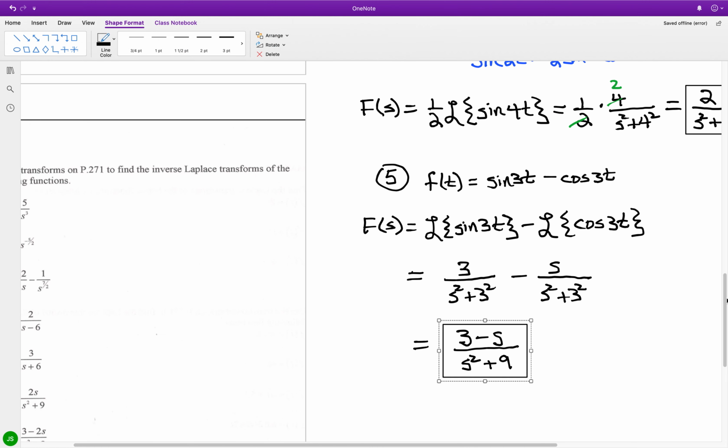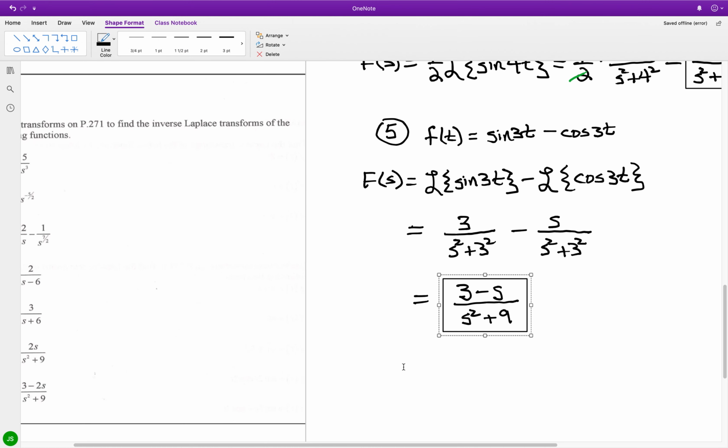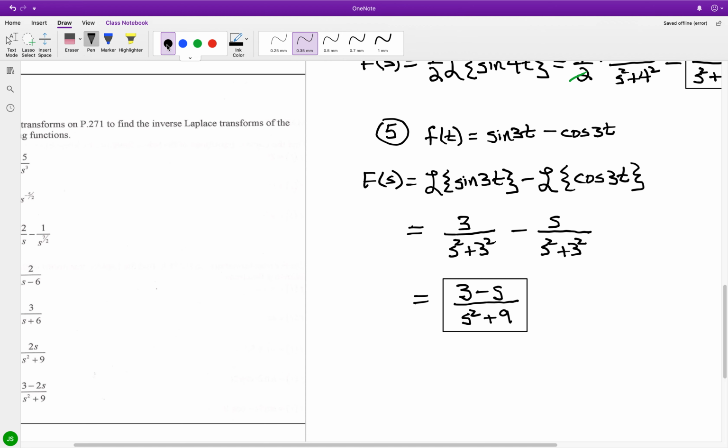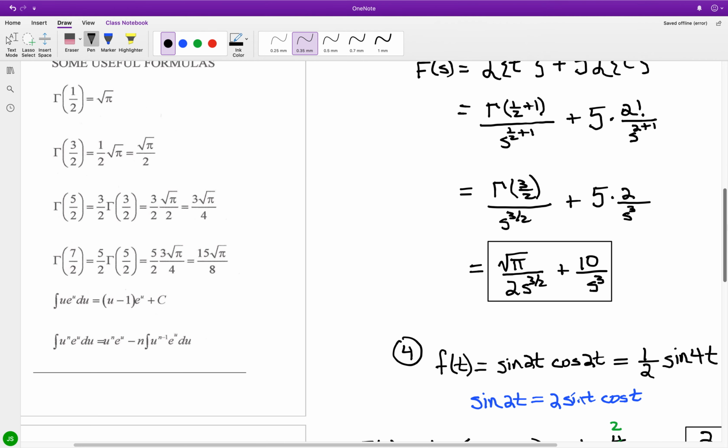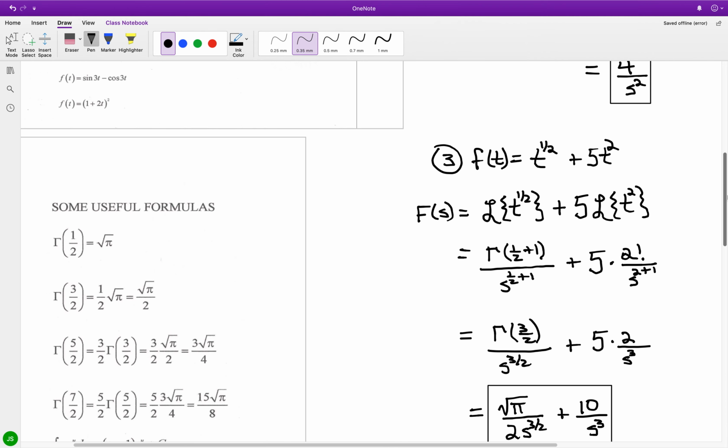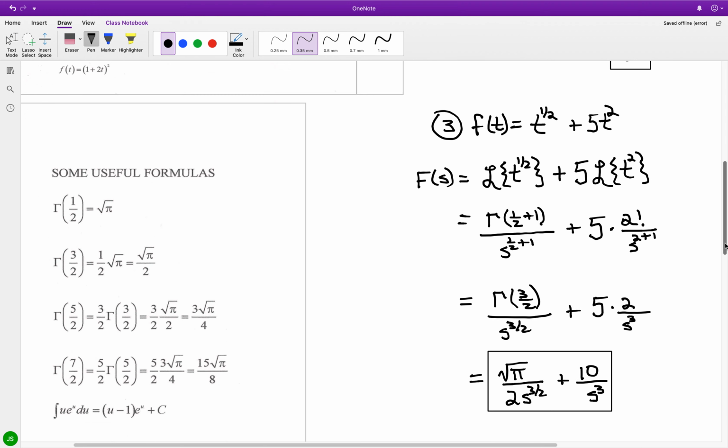Okay. Now, say we have the last of this particular set. All right. So here we have f of t is equal to 1 plus 2t quantity squared.